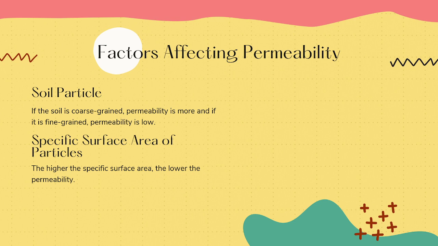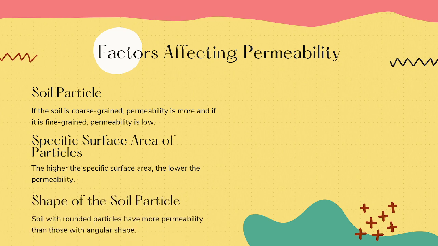This is because coarse-grained soils tend to have more voids than fine-grained soils. Next is the specific surface area of the particles. The higher this specific surface area, the lower the permeability.